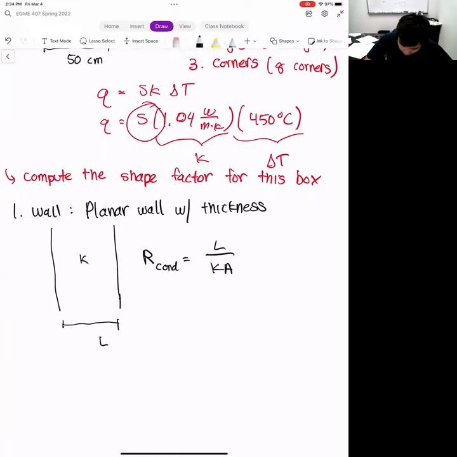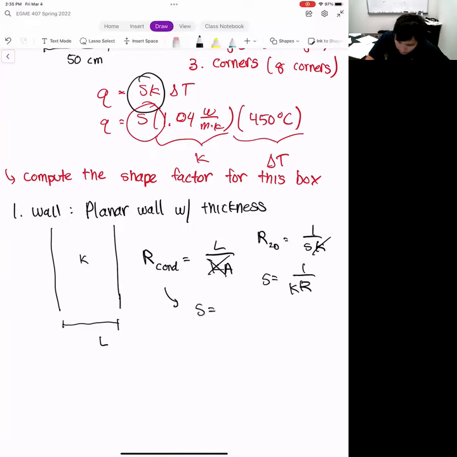All right. And so how do we get the shape factor from this? You can see here that this quantity right here is S times K. And so the resistance for the 2D case is equal to 1 over S times K. If we take K out of both of these, we can see that the shape factor is equal to 1 divided by the resistance times K. The resistance here is L over KA, and if we multiply that by K, that's going to get rid of that.